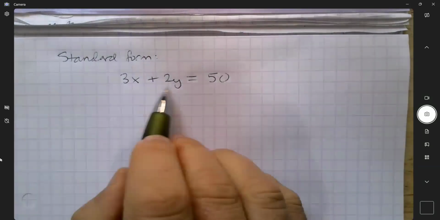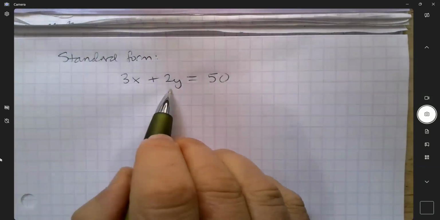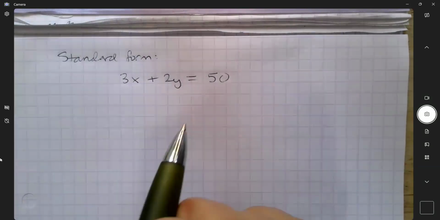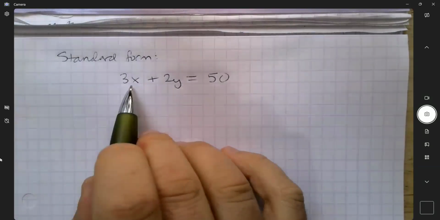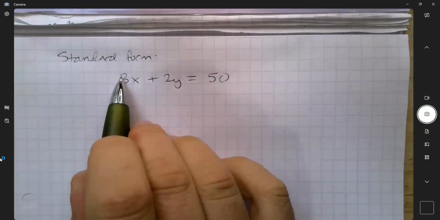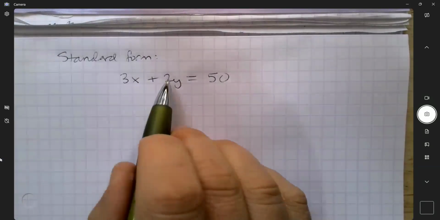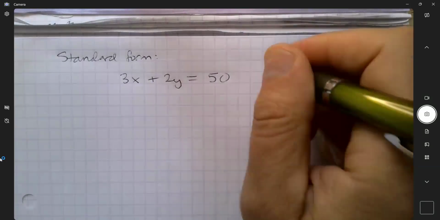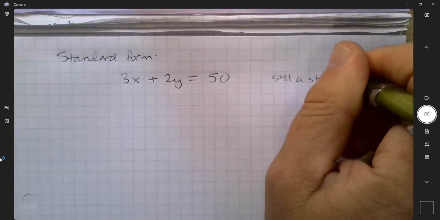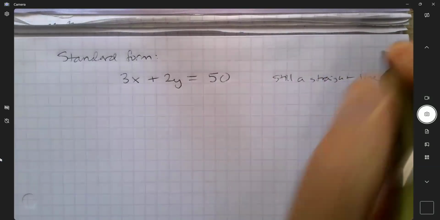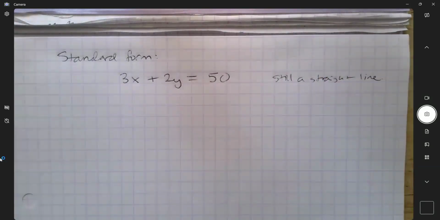And so what you get is you get the x and y's on the same side, and they're each multiplied by a number. Instead of having y by itself, y is probably multiplied by a number, so is the x, and they're on the same side. This is still a straight line, but it's in a different form.